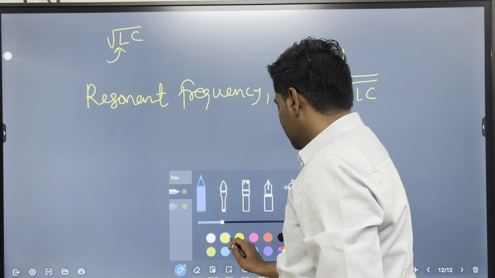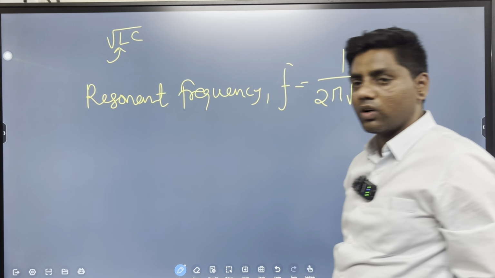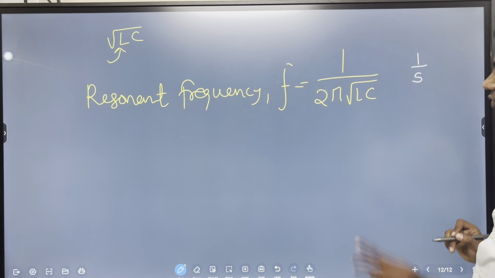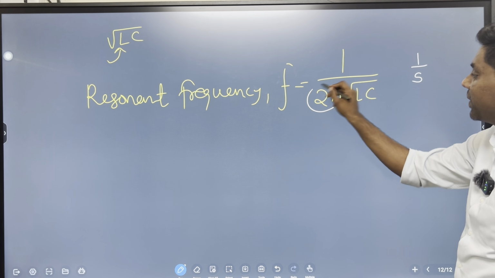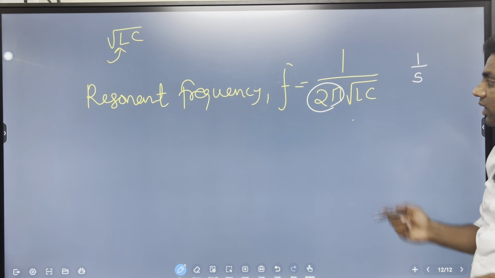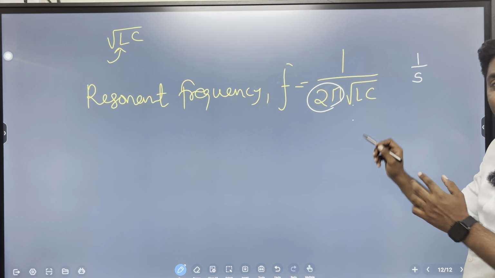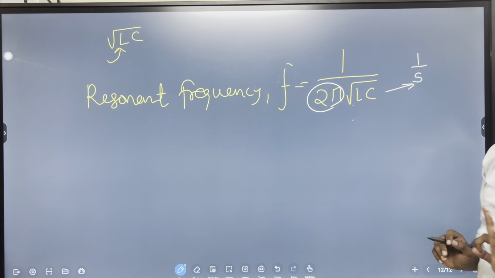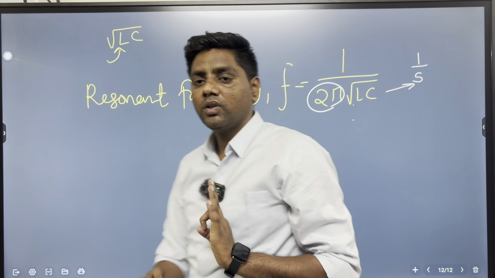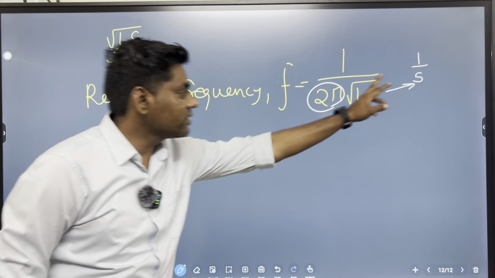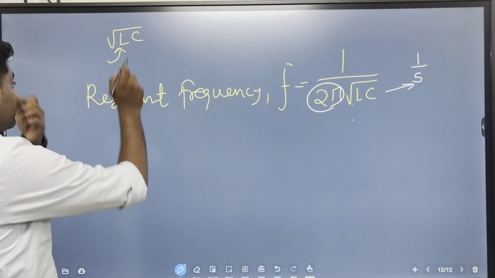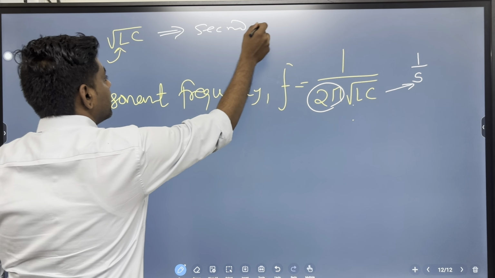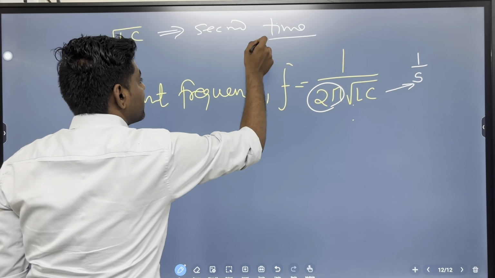Tell me, what is the SI unit for frequency? That is per second. And 2 pi is a constant having no SI unit, so the remaining term is under root of L into C. So what is the SI unit of root LC? That is second. This is the answer of the given example: the SI unit of under root LC is second, the same as time.